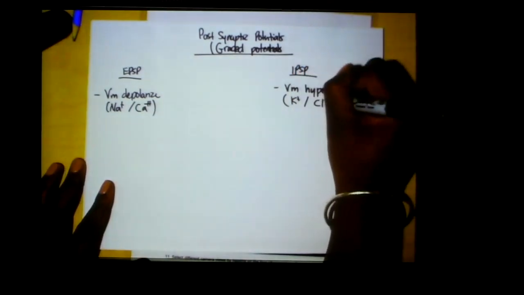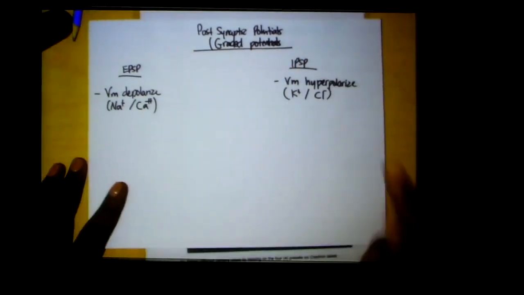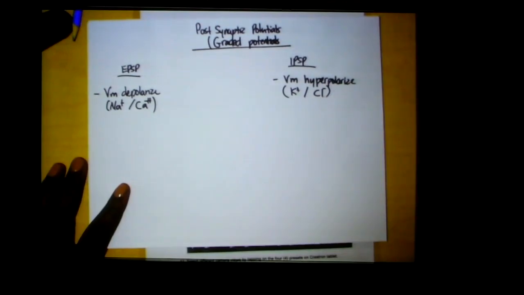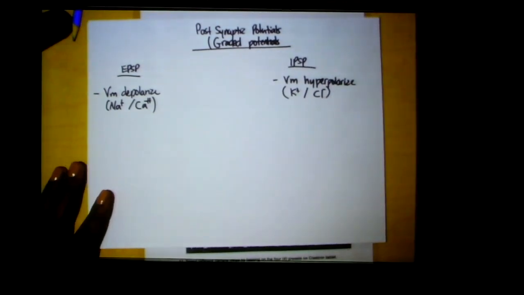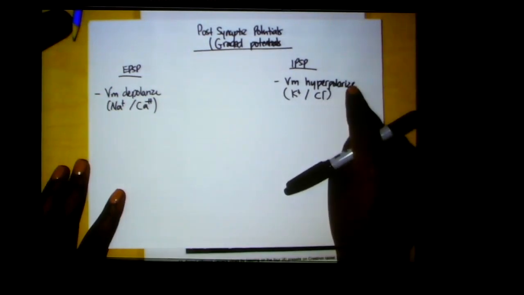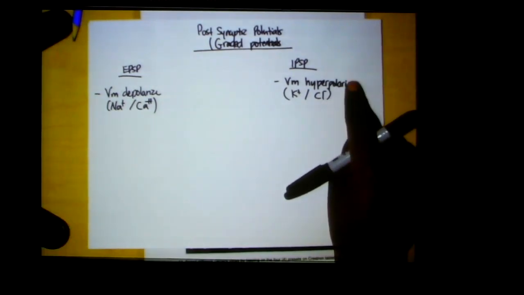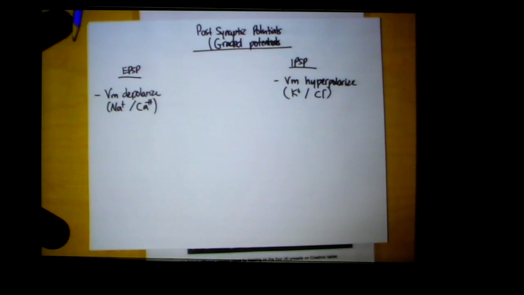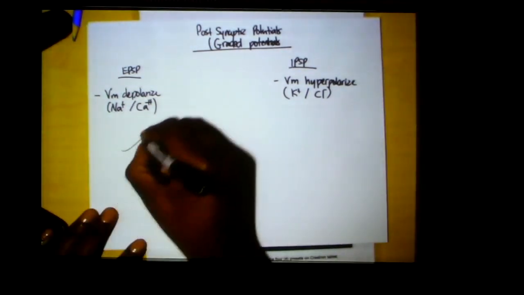We spoke extensively about chloride and its role in stabilizing the membrane potential, so make sure you review that. It's not only hyperpolarizing, but it has a stabilizing function as well. So these are EPSPs versus IPSPs. Let's look at our scenario with two neurons here.